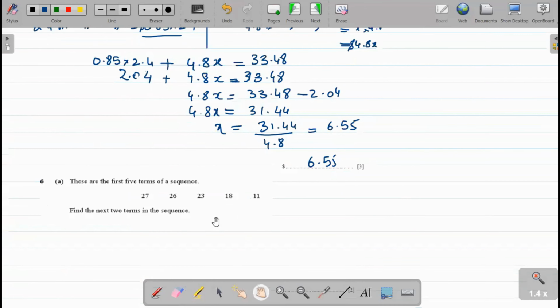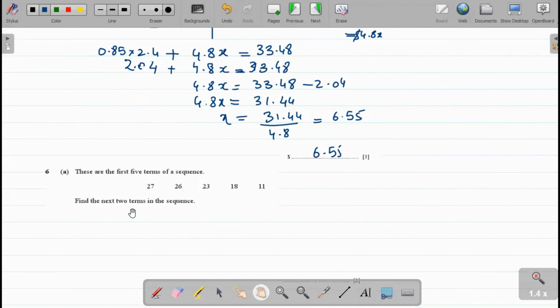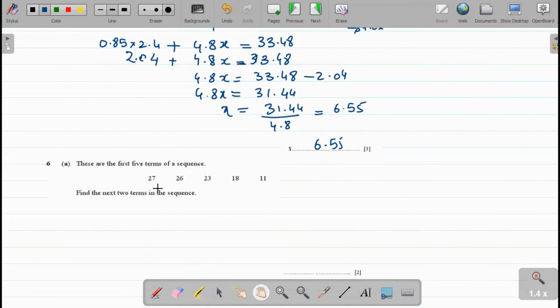These are the first five terms of a sequence. Find the next two terms in the sequence. You see here, first we see the difference between consecutive terms. The first difference is -1, then 23 minus 26 is -3, and the second difference is -5, and then -7.